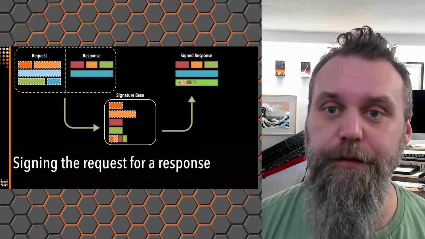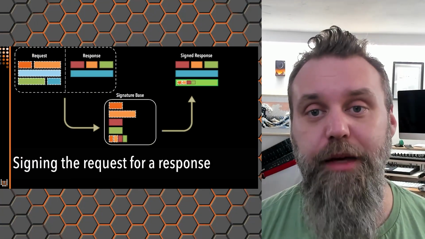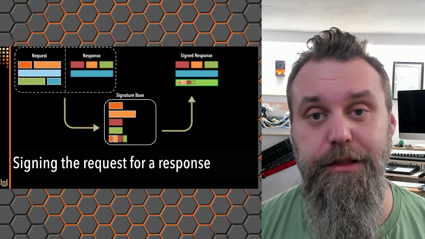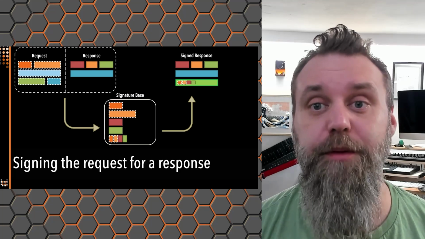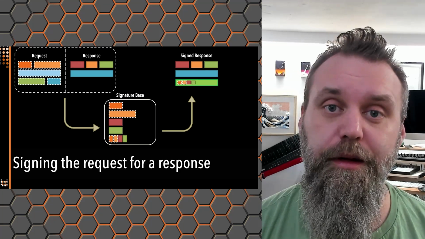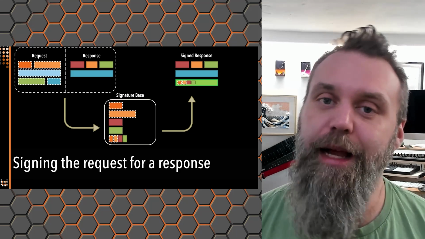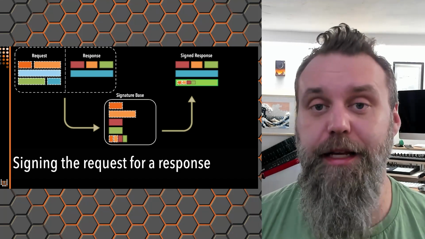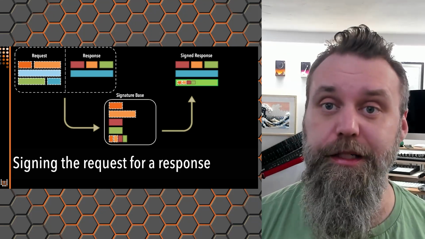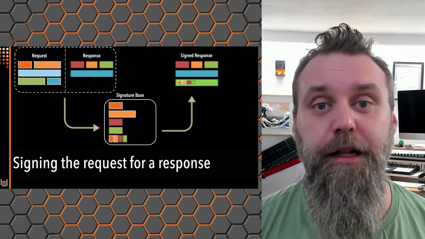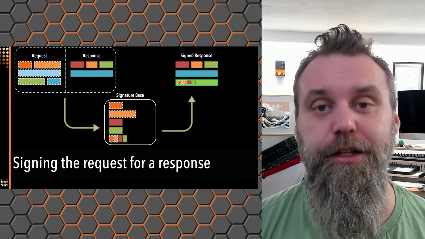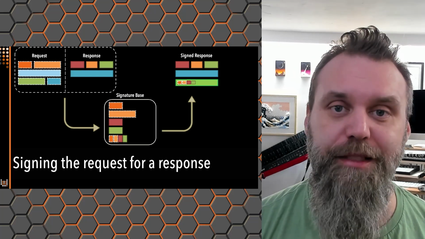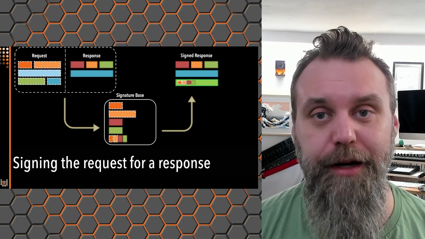This also lets us do some pretty neat tricks. So for example, anytime you get an HTTP response, that response is in response to a specific request. Well, the person signing the response, they have access to that request because they're responding to it. And so we can include things in the signature that were part of the request message that don't get sent across the wire again.